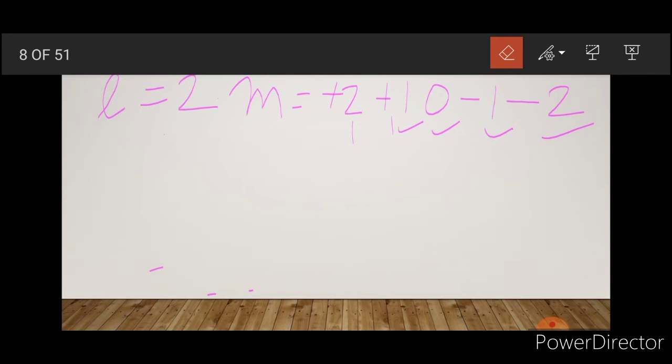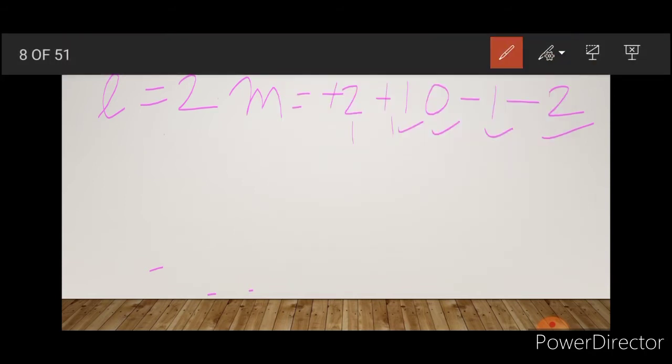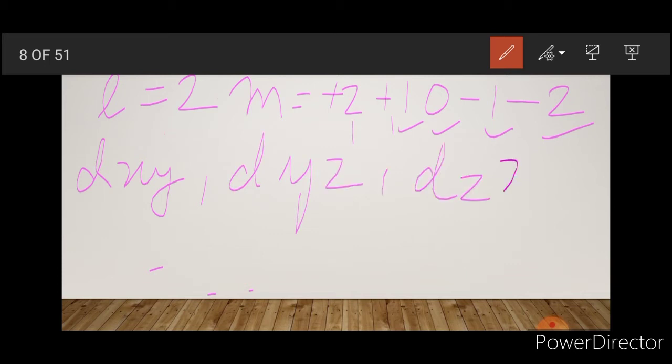For s it was only s, for p it was px, py, pz, and for d you have to remember dxy, dyz, dzx, dx square minus y square, dz square.